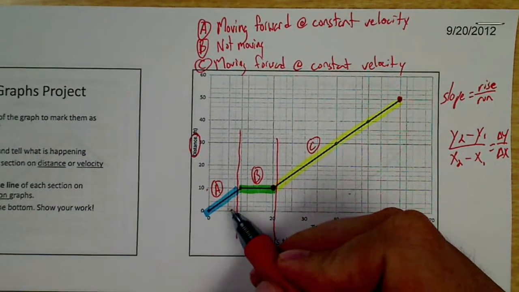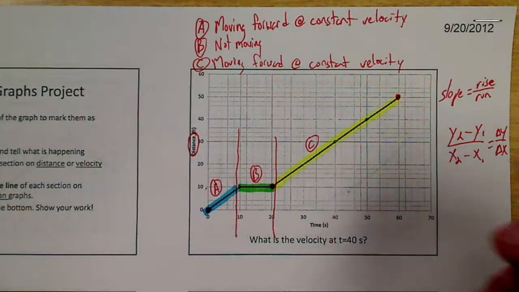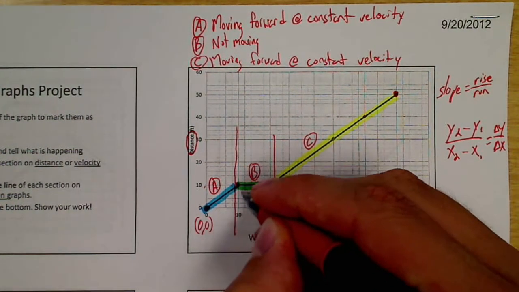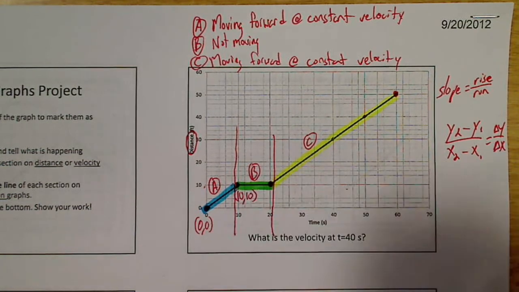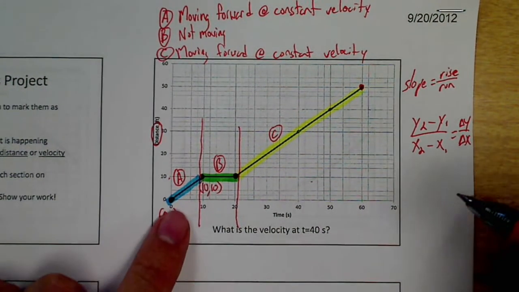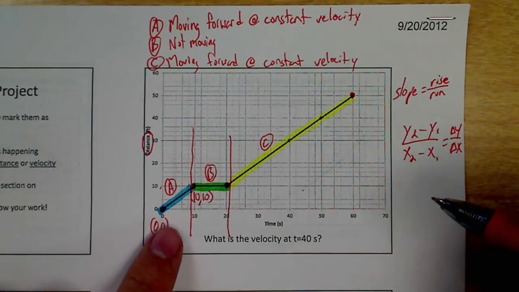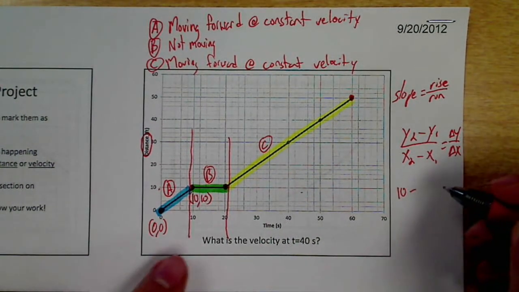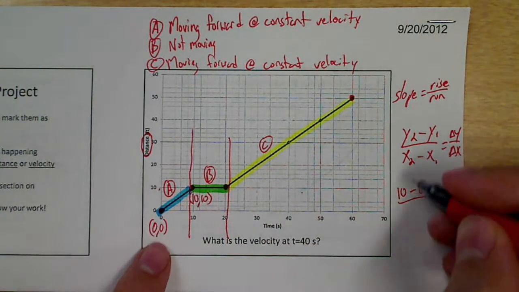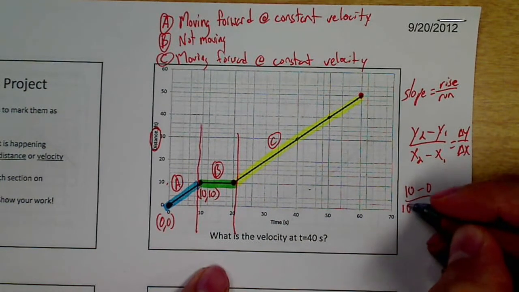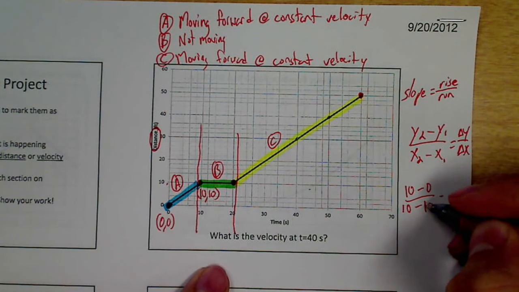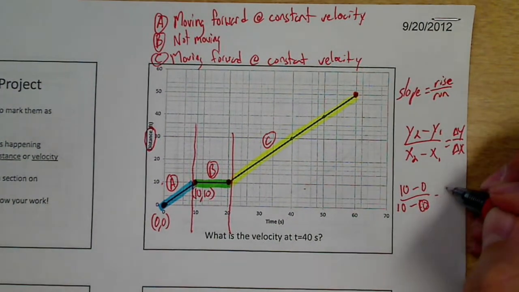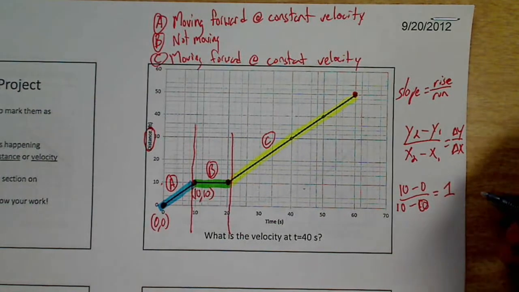So for this first section, which I've done in blue, I'm going to pick out 0, 0 as my first point, and I'll pick out 10, 10 as my next point. So for the blue section, A, if I do y2, that's 10, minus y1, 0, over x2 minus x1, that's 10 minus 0 over 10 minus 0, my slope is 1.